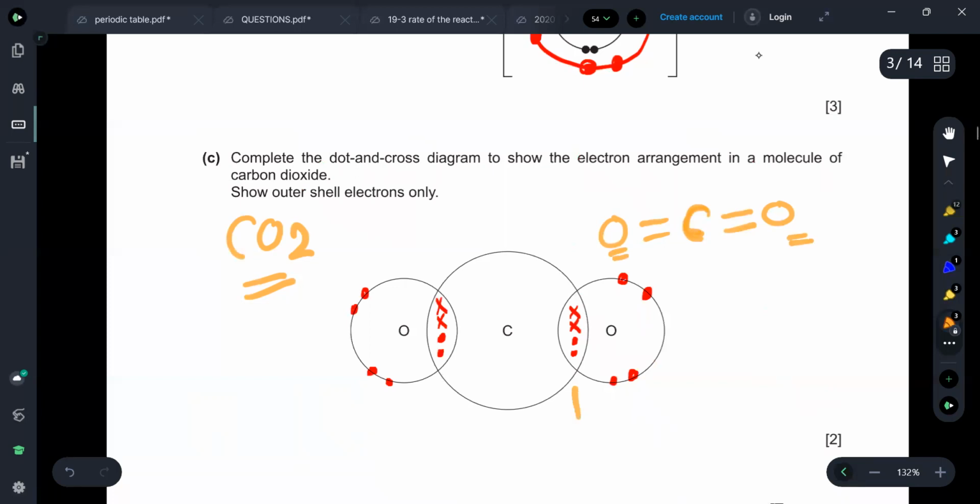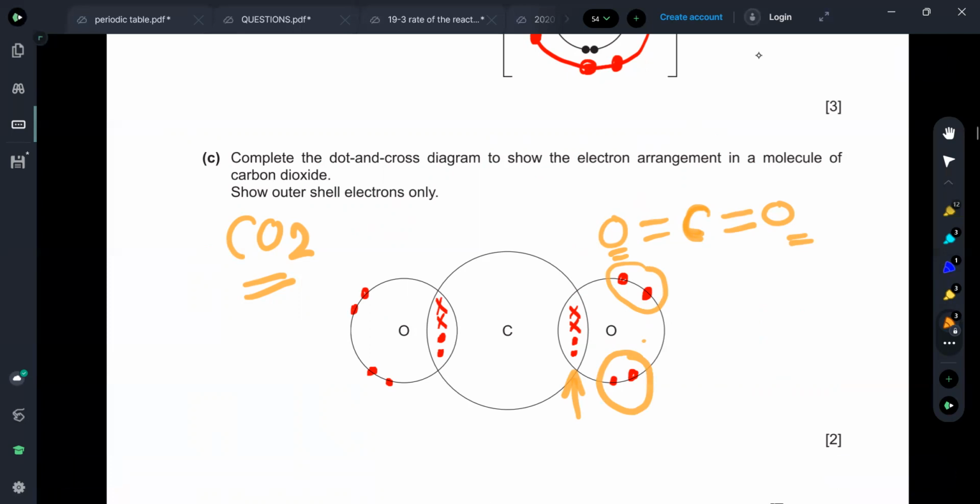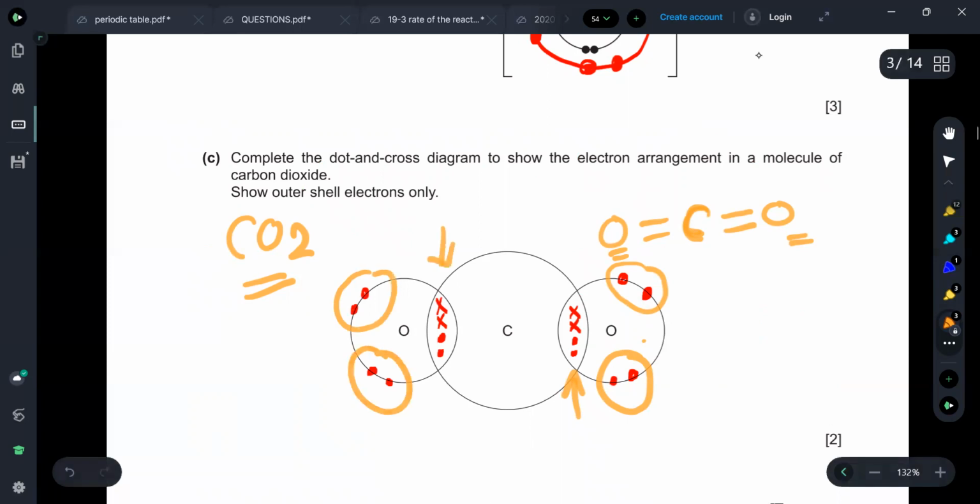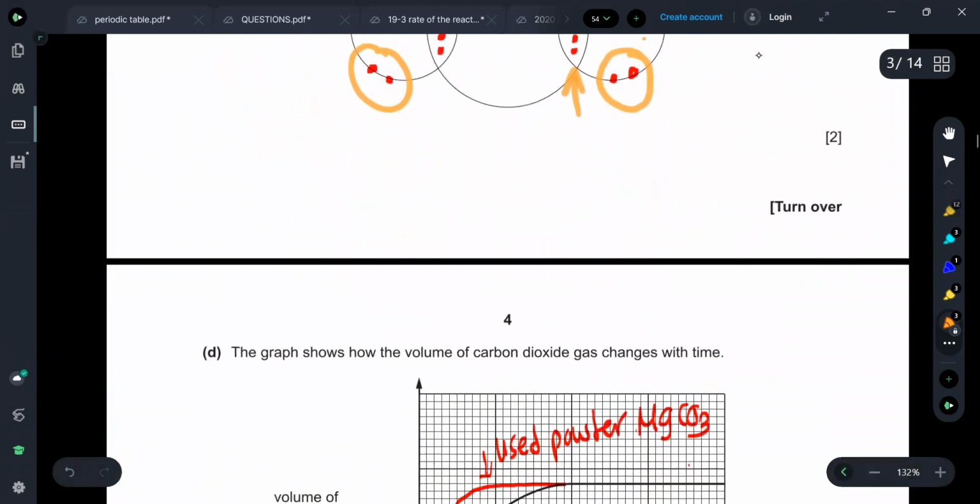In the sharing area, each atom shares 2 electrons, so in each sharing area there are 4 electrons: 2 dots from carbon and 2 crosses from oxygen, and 2 dots from oxygen and 2 crosses from carbon. Don't forget to draw the non-bonding electrons in oxygen: 4 non-bonding electrons.